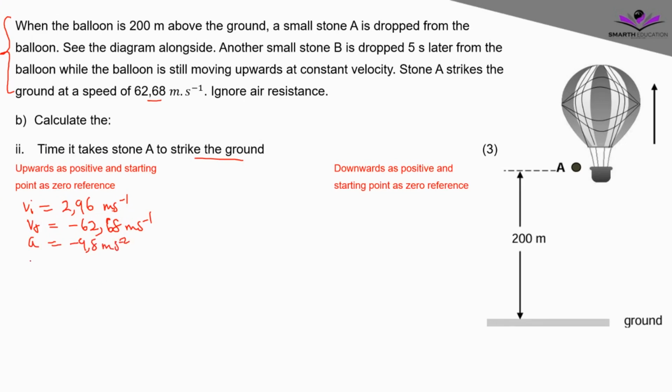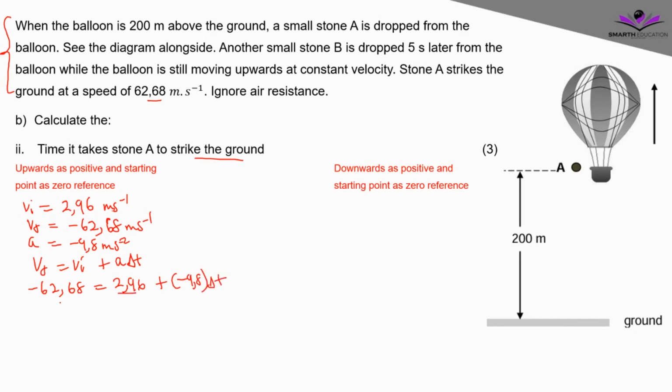Now we're going to use our equation of motion: final velocity is equal to initial velocity plus a times delta t. Then we substitute: negative 62.68 is equal to the initial velocity 2.96, plus our acceleration negative 9.8 delta t.